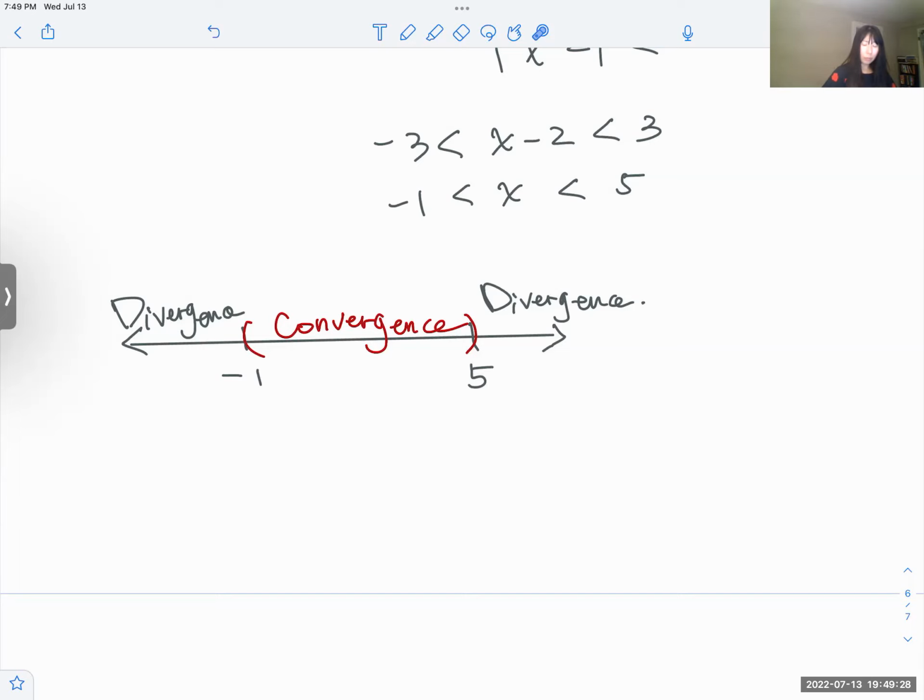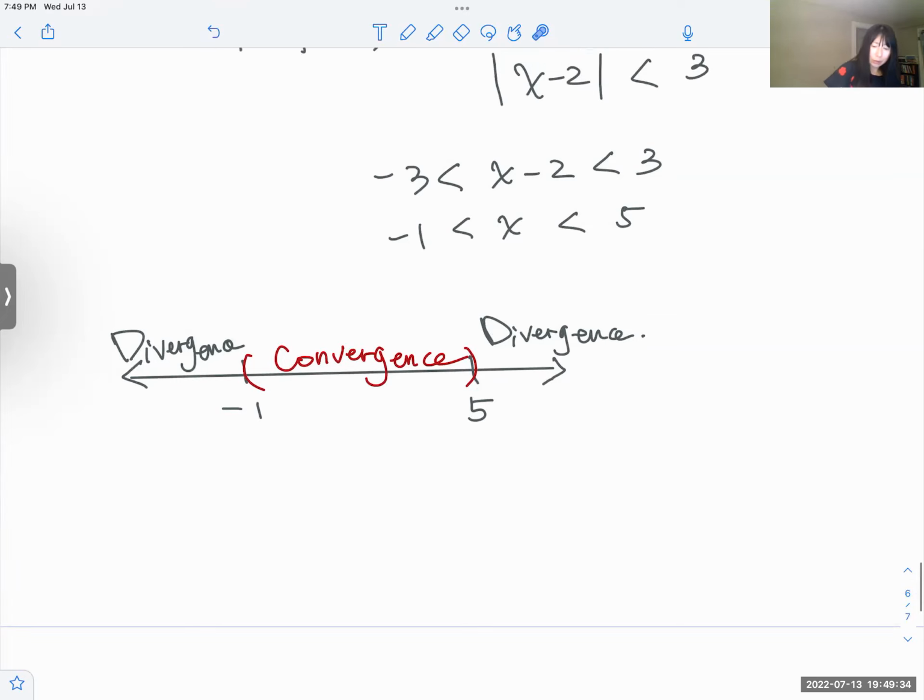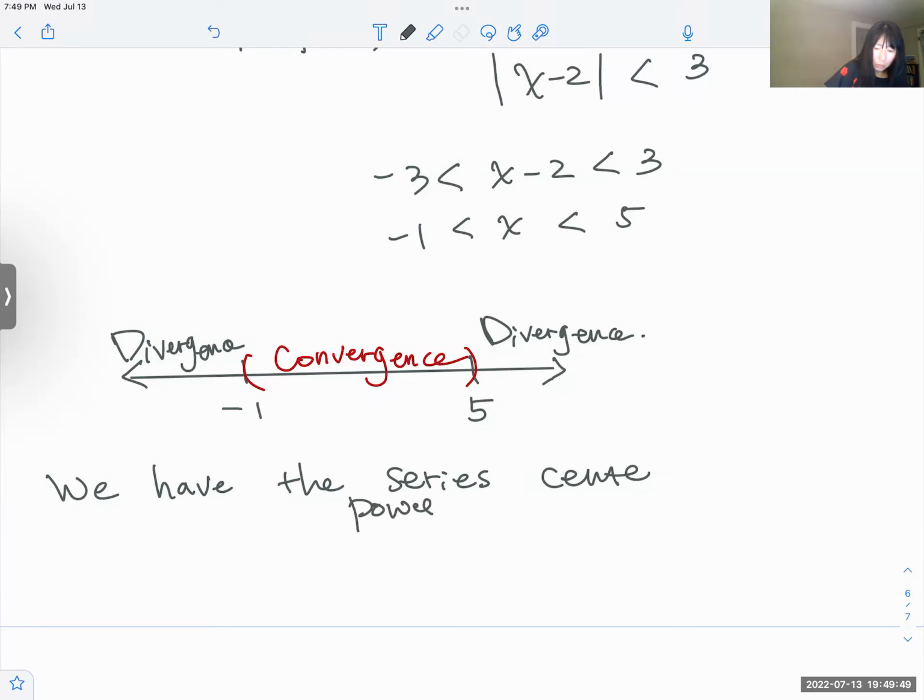So here, we say that it is centered at x equal to 2, right? So that means we have the power series centered at x equal to 2, okay?